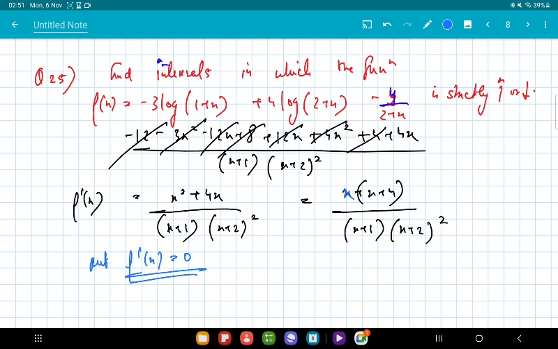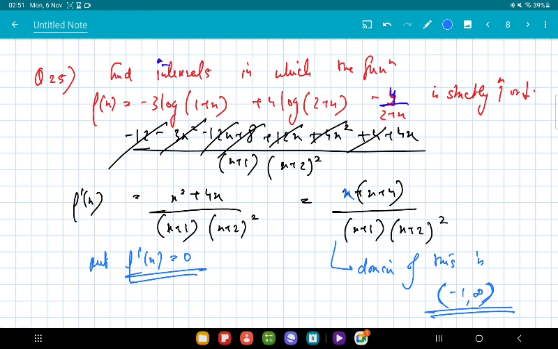So what we can do, the domain here will be minus 1 to infinity, right? We have to take the value greater than minus 1, only then you will get your answer, because (x + 2) whole square will always be a positive number.